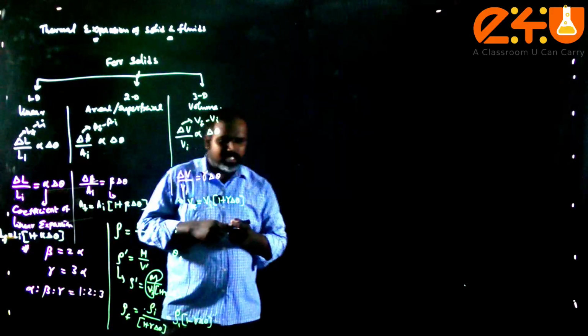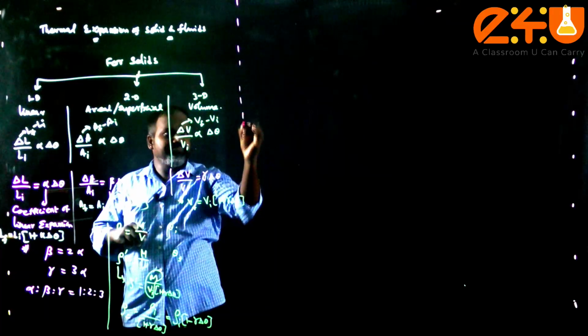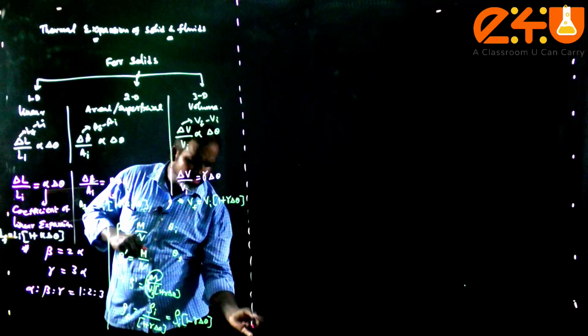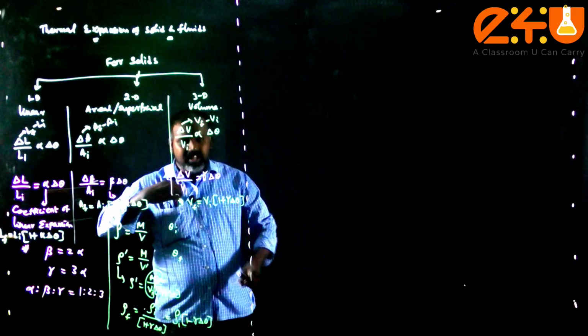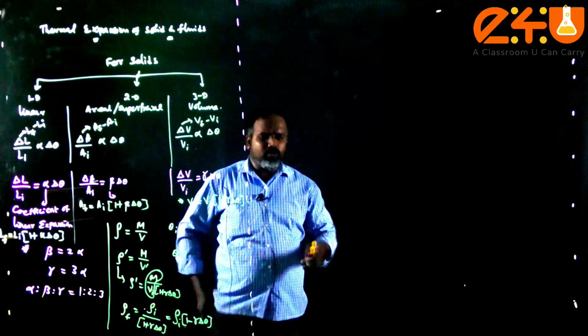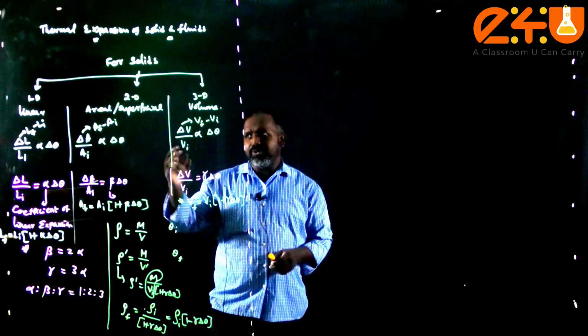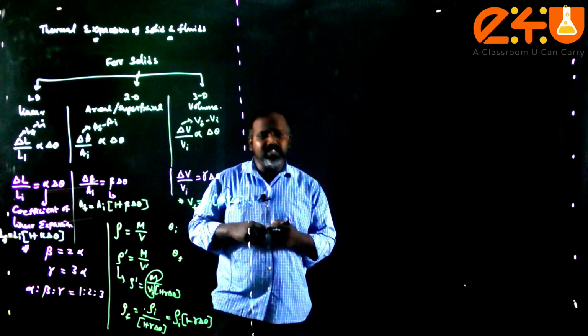Now I am going to discuss the thermal expansion of liquids. You see that a liquid undergoes volume expansion. When compared to its areal and linear expansion, volume expansion is more dominant.